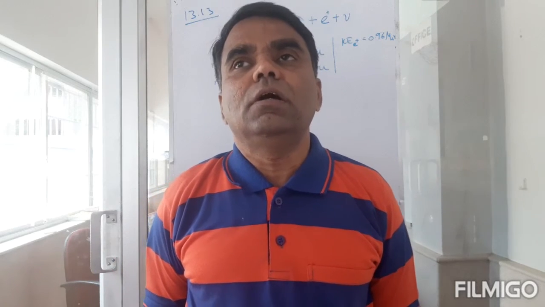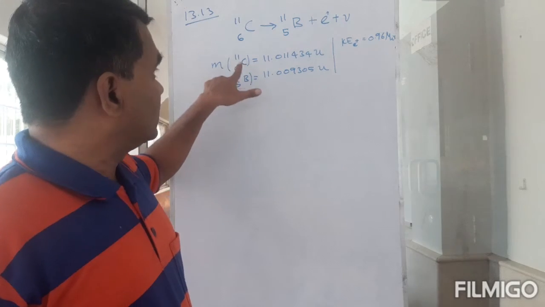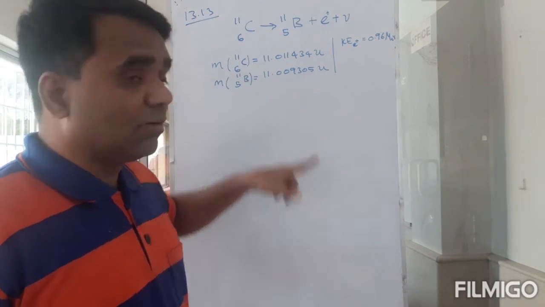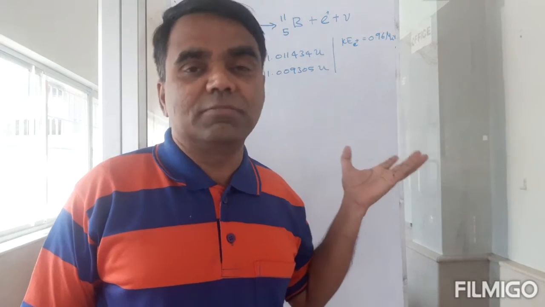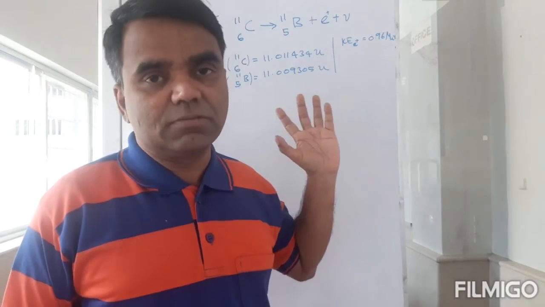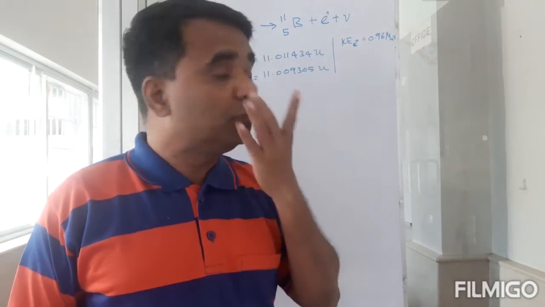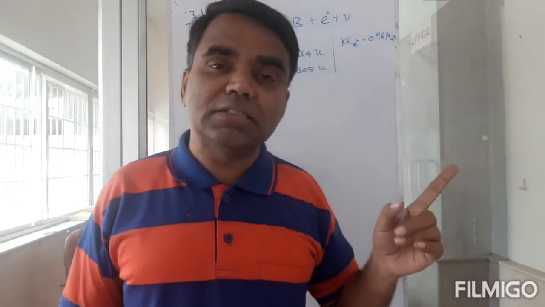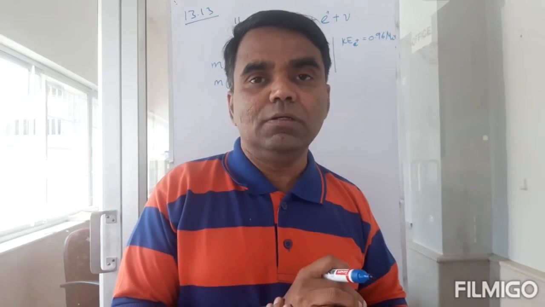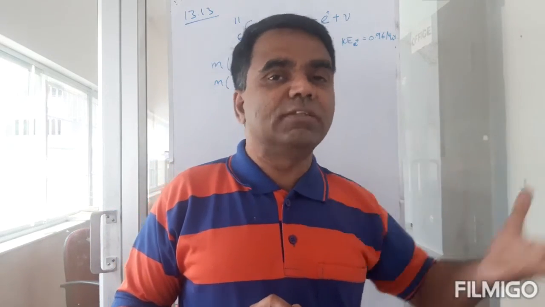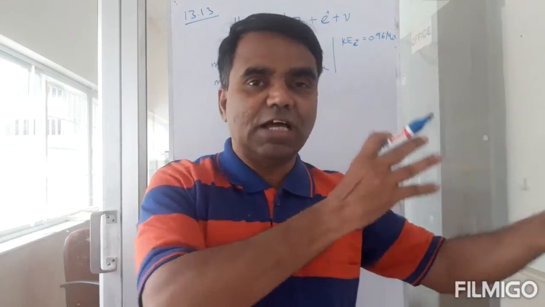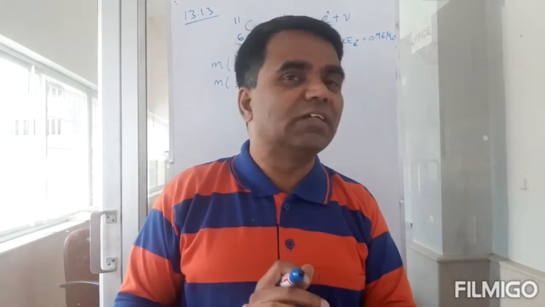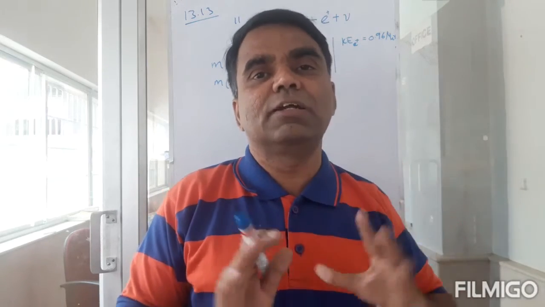Here C11 and B11 are atomic masses, not nuclear masses, which means that these involve the mass of the electrons in the atom also. In the previous cases, we ignored them because we were dealing with a heavy particle, the alpha particle. When you're talking about masses of alpha particles, you can ignore the mass of the electron. But in this case, you can't.